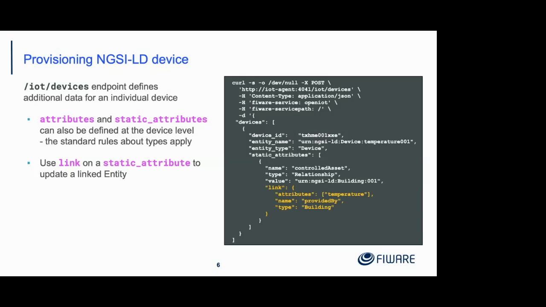So in this case, if you set up the link element like that, when the temperature device changes, it will also change the building 0001 entity and give it a temperature attribute, which will obviously be providedBy the device in question. This means that because all we're actually doing is an upsert, we can easily update two NGSI-LD entities as one, and we can just keep on doing what's necessary.